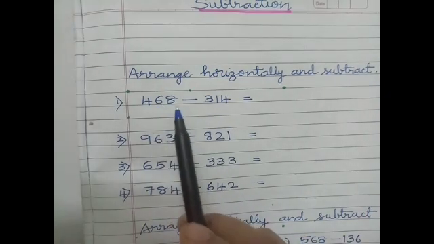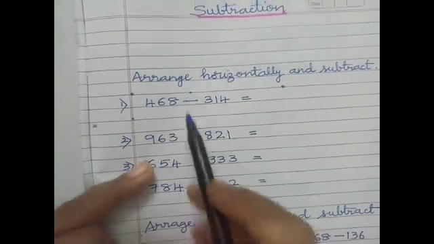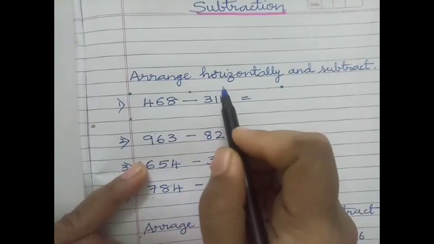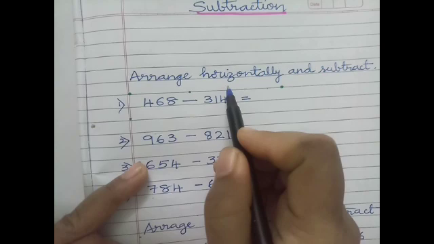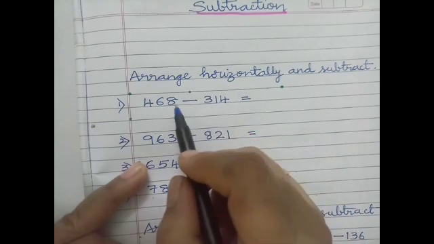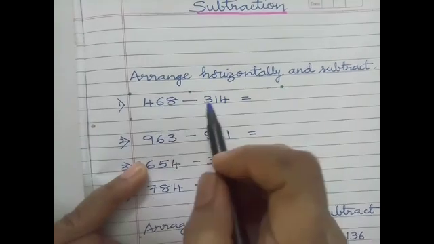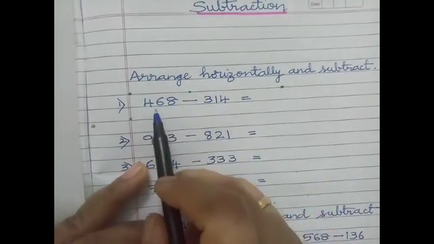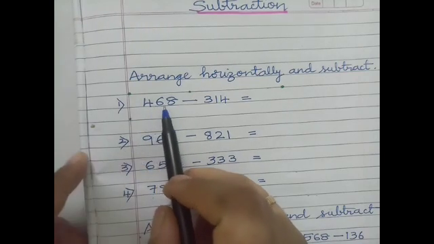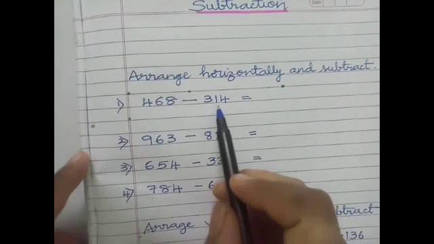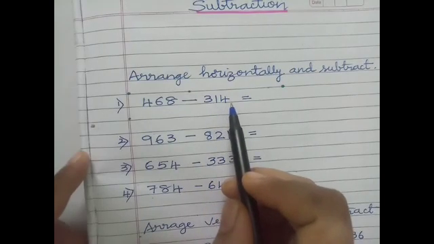Here, look at the numbers. You know that you have to subtract in the same way how we did the addition. That is, from units to units, tens to tens and hundreds to hundreds. So, let us do it. You know that 468 is a bigger number and 314 is a smaller number.